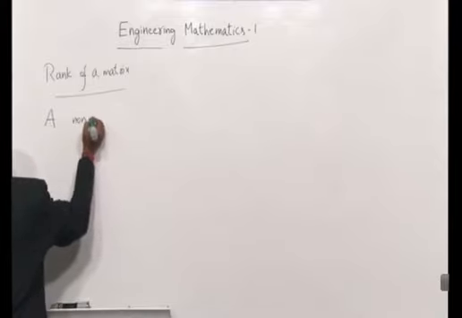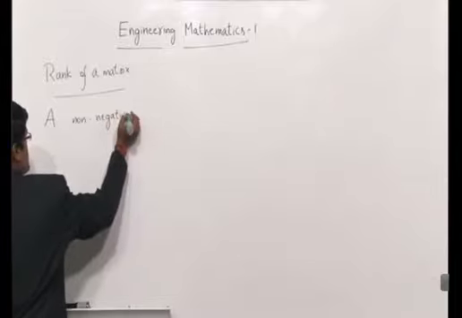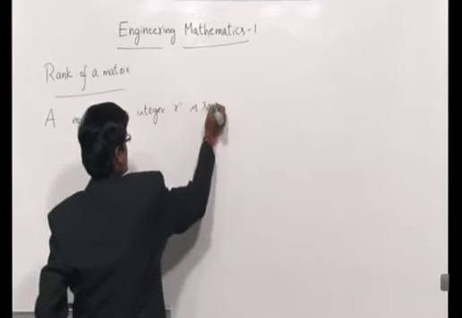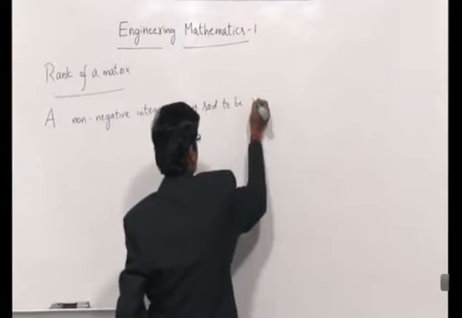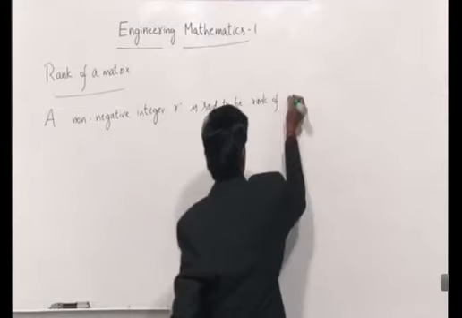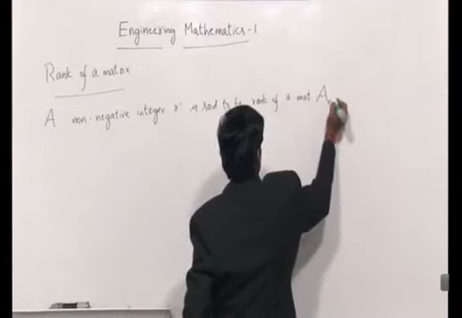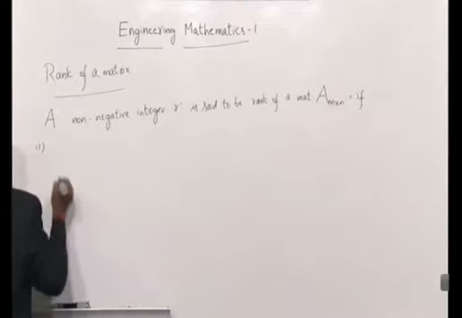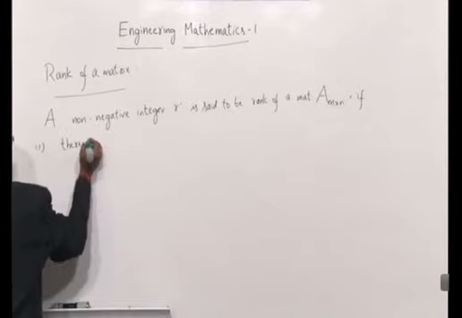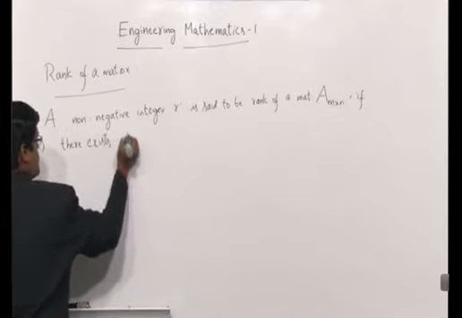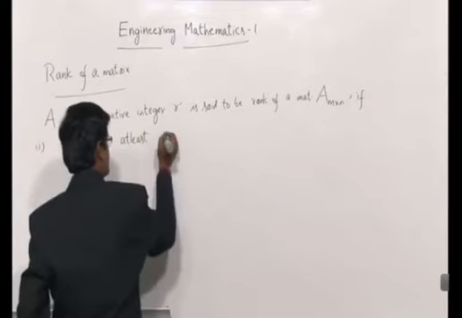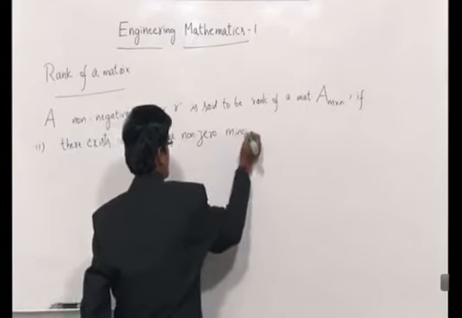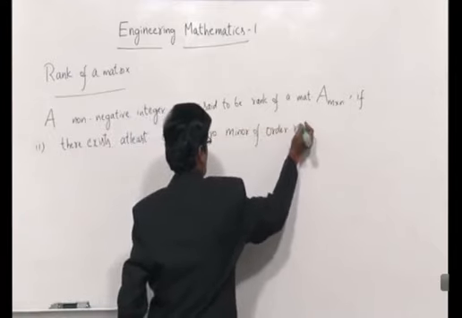A non-negative integer, say r, is said to be the rank of a matrix A, m cross n, if first condition, there exists at least one non-zero minor of order r.